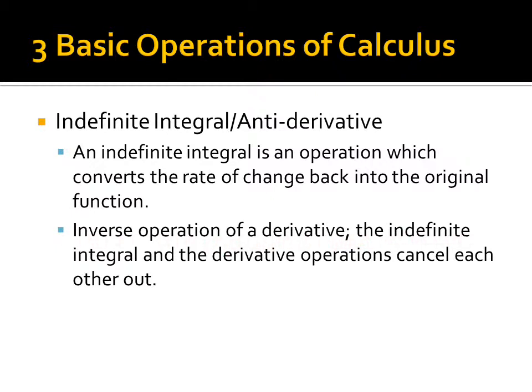The indefinite integral and the derivative operations will cancel each other out if they are performed sequentially, and it doesn't matter in what sequence. You can do the indefinite integral first and then the derivative, or the derivative first and then the indefinite integral. They cancel each other out just the same way multiplying by 5 and dividing by 5 will cancel each other out as well.